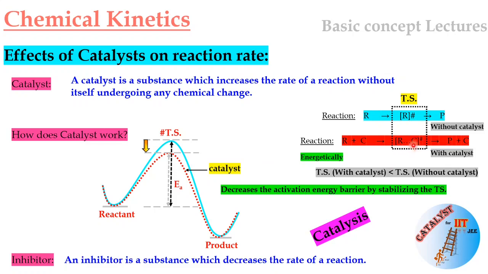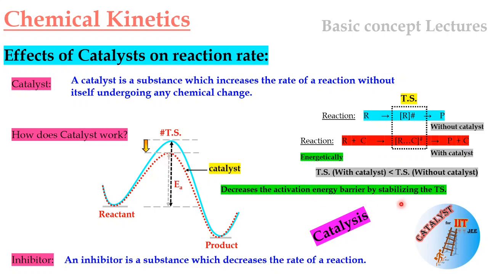So R and your catalyst make a complex which has less energy than the original transition state. Because of this stabilization, you have to cross a smaller energy barrier. So that energetically favors the reaction path.